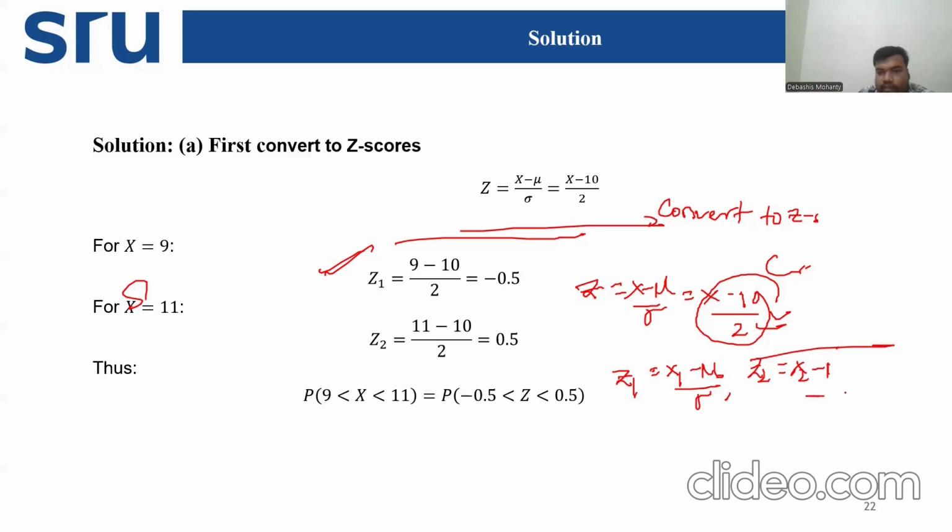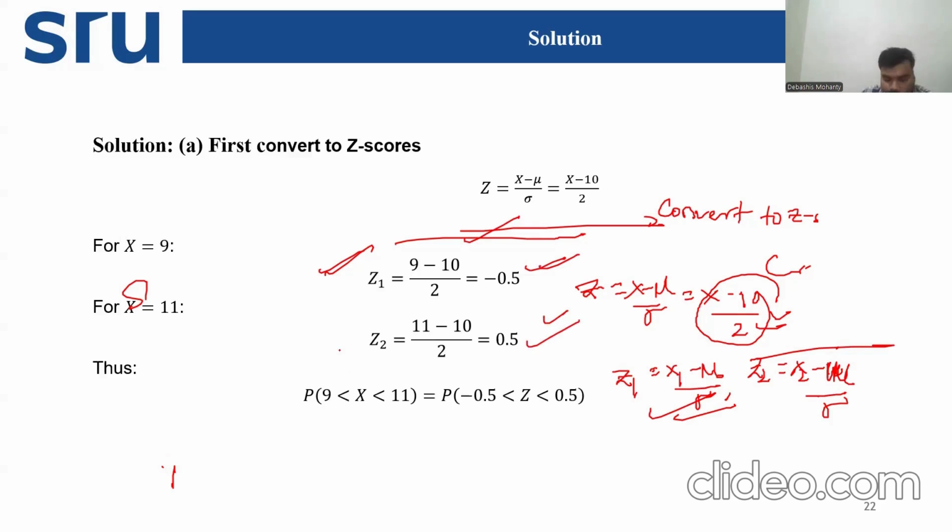After calculating these two values, the z1 value is minus 0.5 and the z2 value is 0.5.